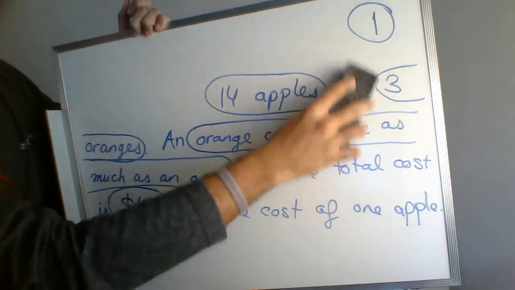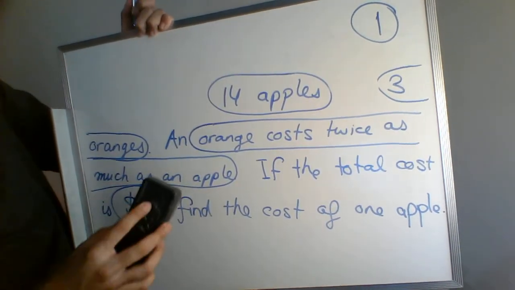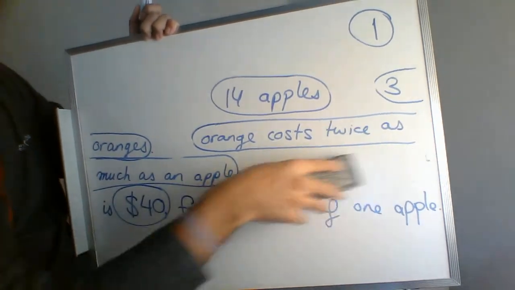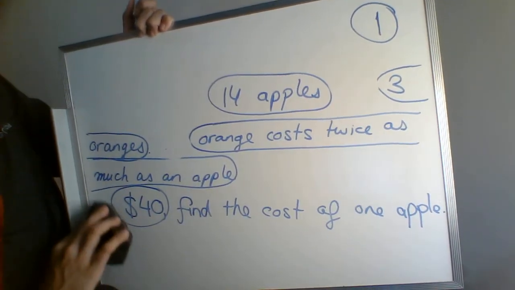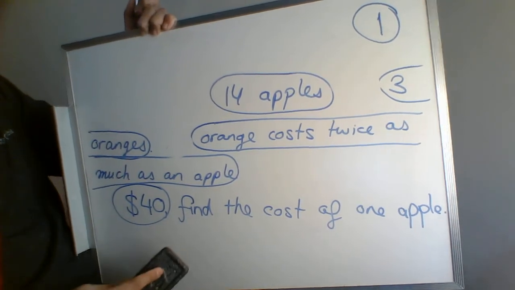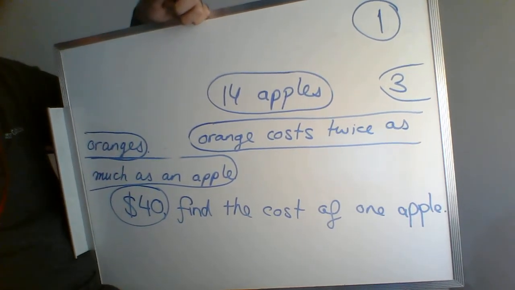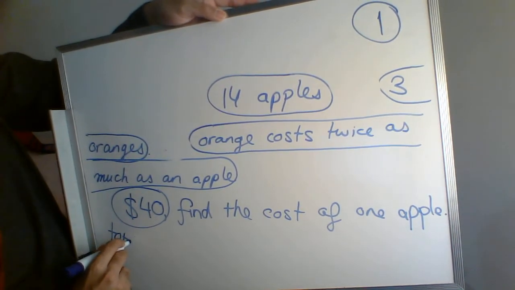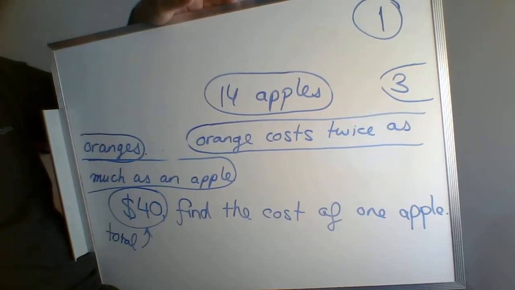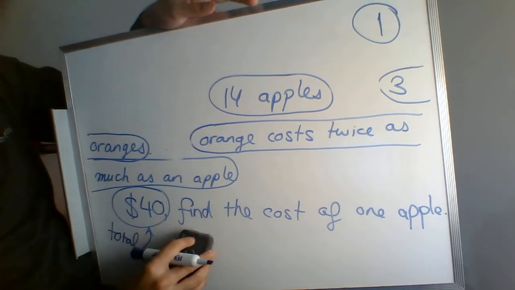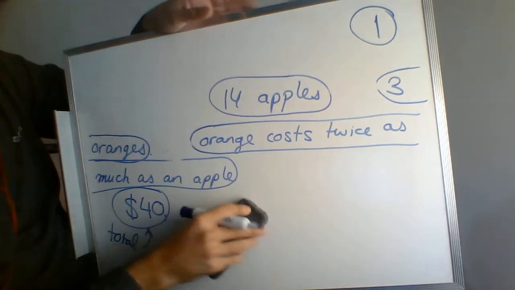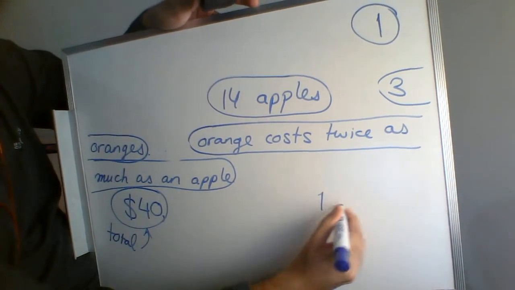I'm basically just erasing these little words here and there. Everything else is pretty important. I'm just going to make a note here that this $40 is the total, so that we have that information. And we want to find the cost of one apple. So we want to know one apple is how much.